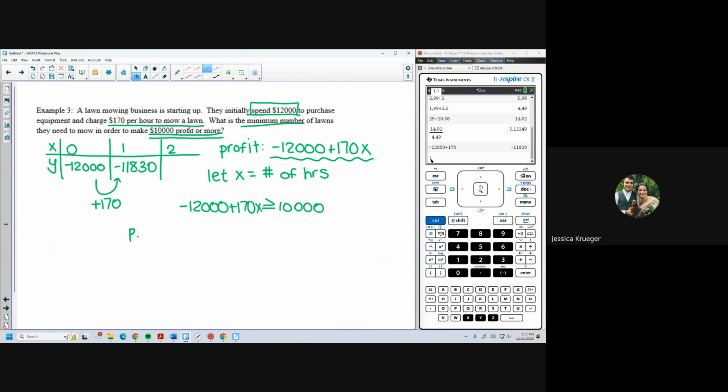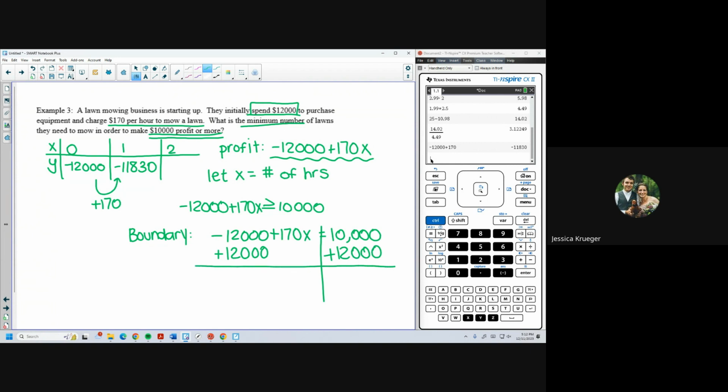So first thing I'm going to do is solve for my boundary. How many hours do they need to work to make exactly $10,000 profit? I'm going to go ahead and add 12,000 to both sides. That's going to give me 22,000.